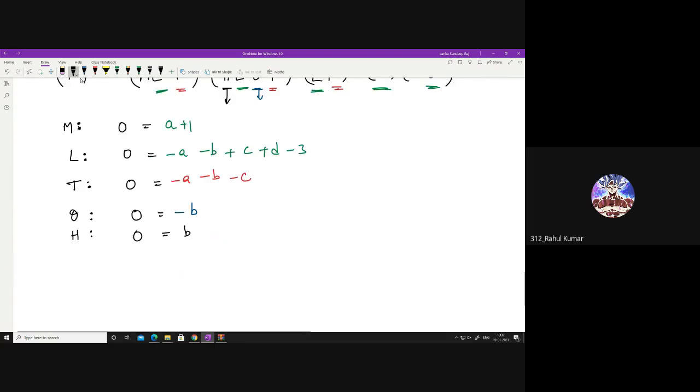If you solve these 5 equations, you will understand that B is equal to 0 from the last two, and A is equal to minus 1 from the top one. What will be the values of C and D?